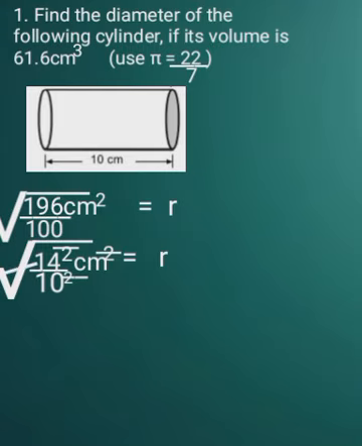So here it means we remain with 14 over 10 equal to r. So remember, the numbers of this question were in decimal, so the answer also must be in decimal place. So you convert again into decimal.